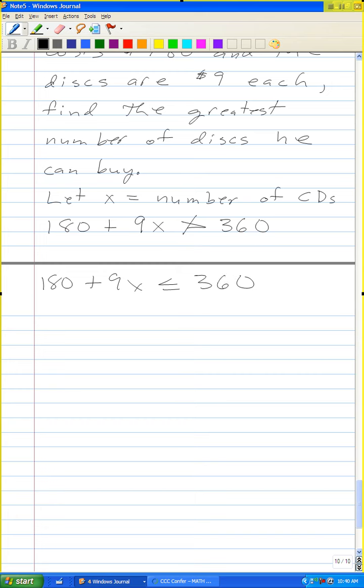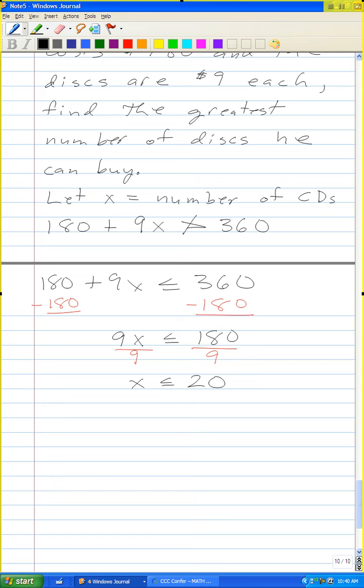So let me subtract 180 from both sides of my inequality. So I have that 9x is less than or equal to 180. I can do that using the additive property of inequality. Now let me divide both sides of my inequality by the positive constant 9. Then by the multiplicative property of inequality, I have x is less than or equal to 20.